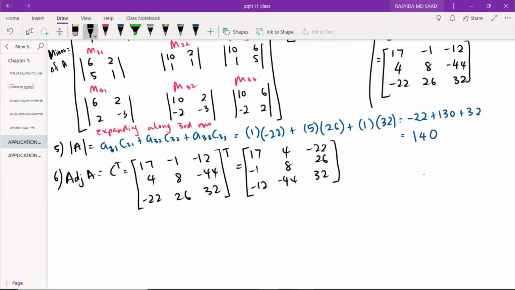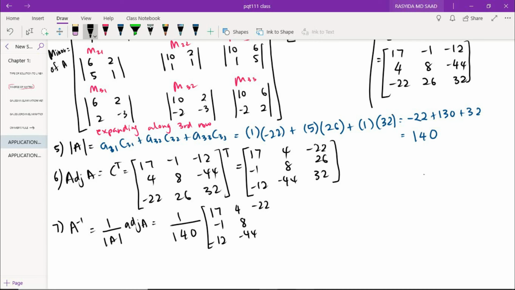Since we already have the adjoint value, we can find the inverse of matrix A. So inverse of matrix A is equal to 1 over determinant of A times adjoint A. So 1 over 140 multiplied with the adjoint.